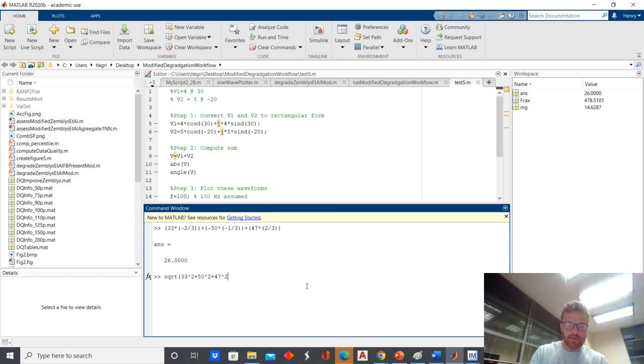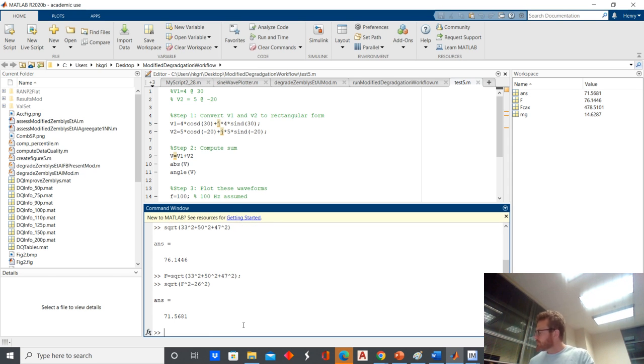I'm going to carry all the precision that I computed, just so I don't get a rounding error. So let me go back and define that as a variable F, just so I can easily put it into MATLAB. And what I want to do is take the square root of F squared minus 26 squared, and that will give me 71.57 pounds.